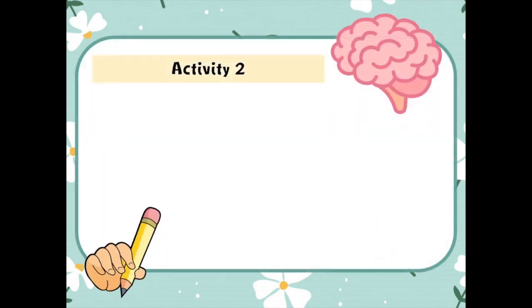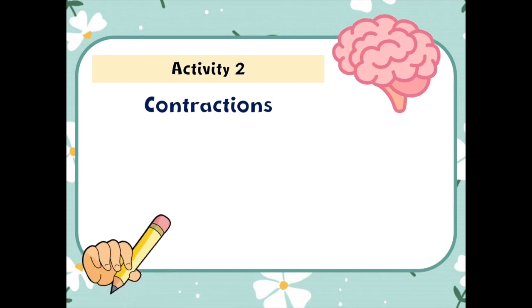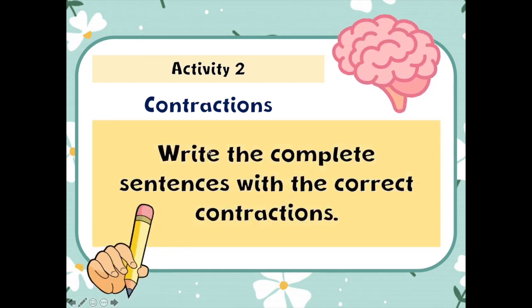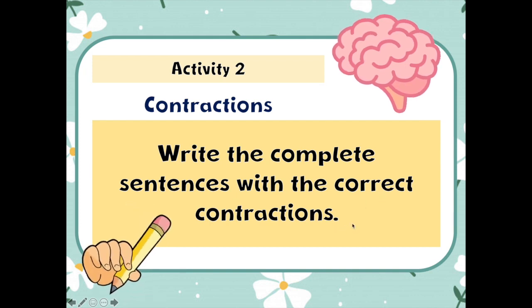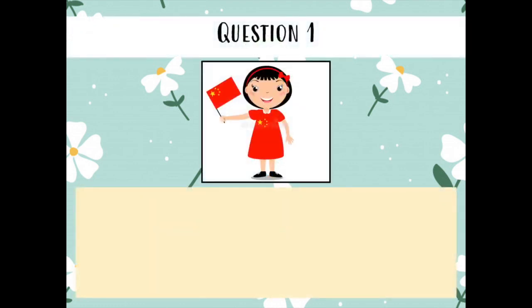And this activity 2 is to recall on the contractions that we have learned. And what you need to do is, you need to write the complete sentences with the correct contractions. For example, in question 1, this is me. I am from China.